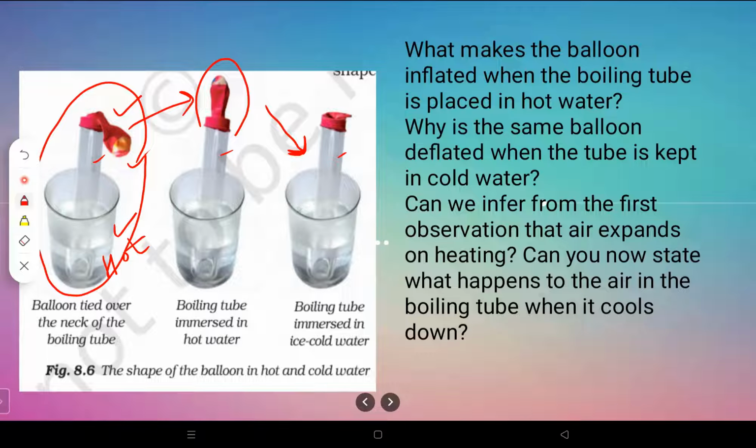What makes the balloon inflate when the boiling tube is placed in hot water? Why is the same balloon deflated when the tube is kept in cold water?